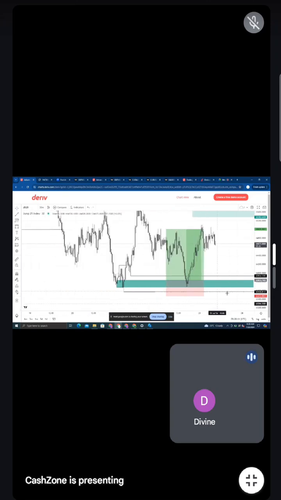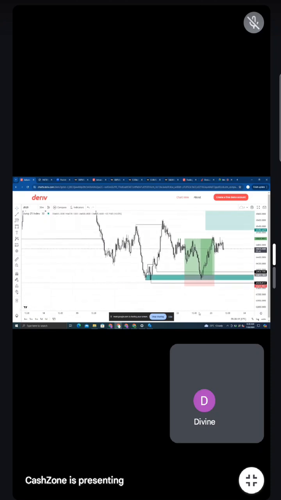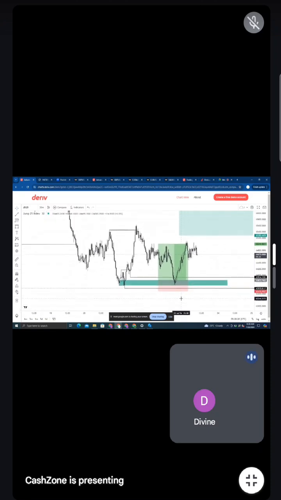Now this year alone, if I tell you the amount I've spent on mentorships, I've spent an insane amount. And the truth is that the more I spend, yes, I learn different things. I've even paid a small boy. In fact, when I first got the idea of this entry model, it was from one very young guy.